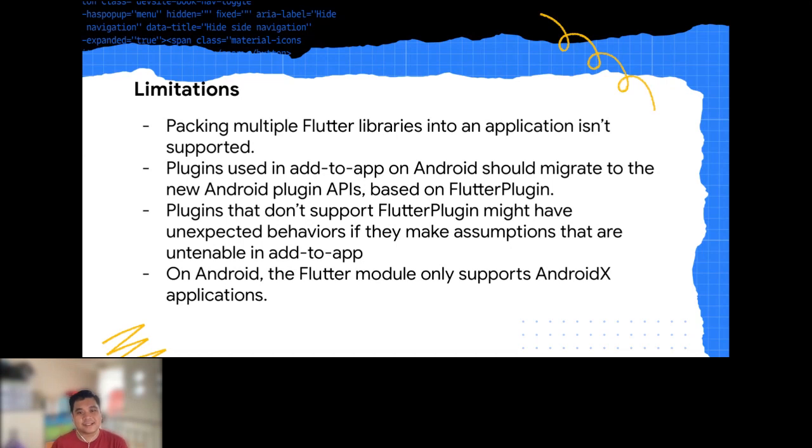And the next is plugins that do not support Flutter plugins. They might have unexpected behavior if they assume that the activity or the Flutter engine is always available. But if you don't have plugins inside your Flutter module, you can just ignore it.